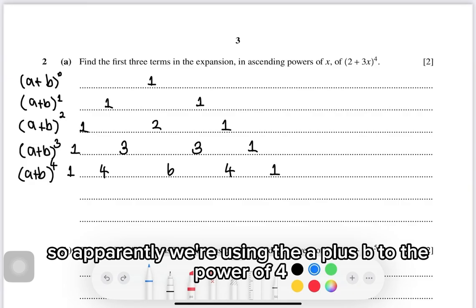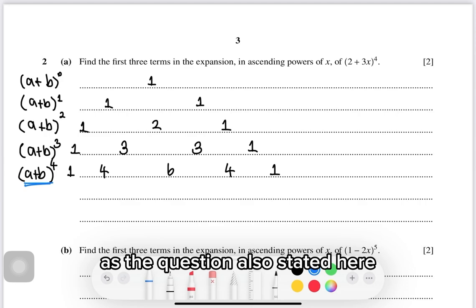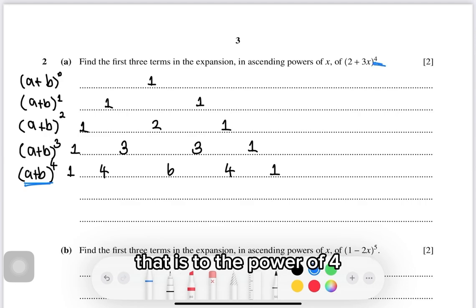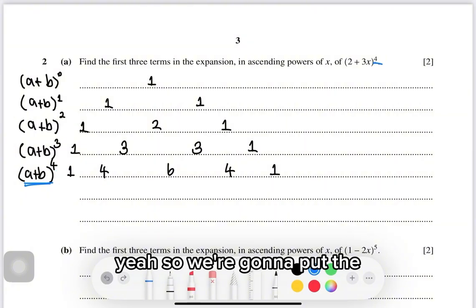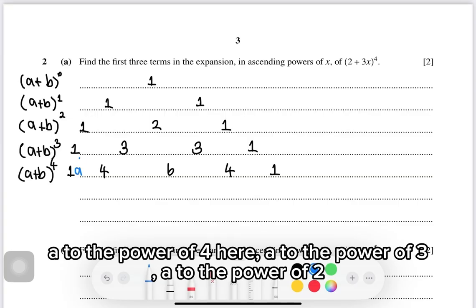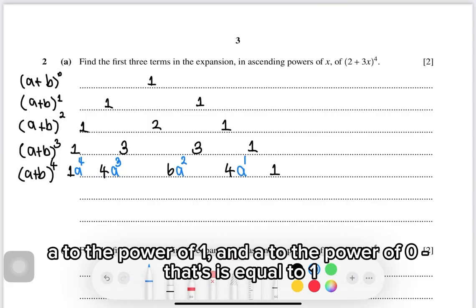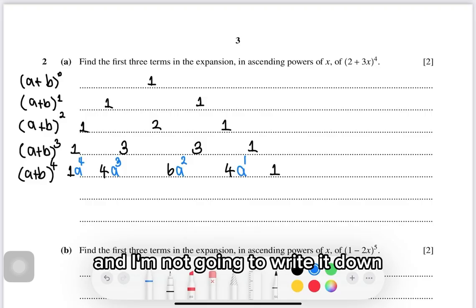So we're using (a + b) to the power of 4, as the question also stated here. We're going to put a to the power of 4, a to the power of 3, a to the power of 2, a to the power of 1, and a to the power of 0, that is equal to 1, so I'm not going to write it down.